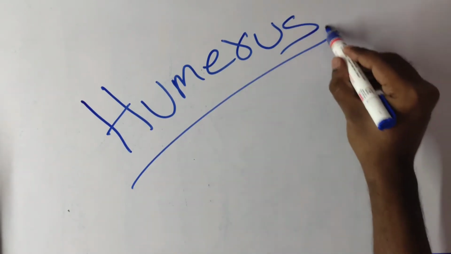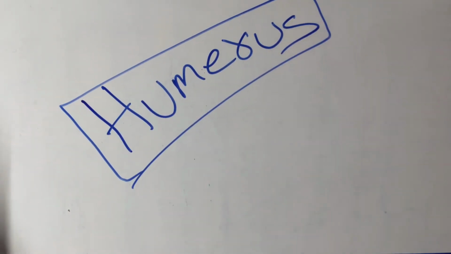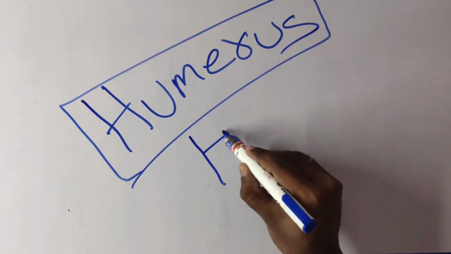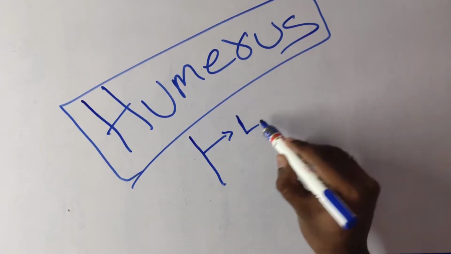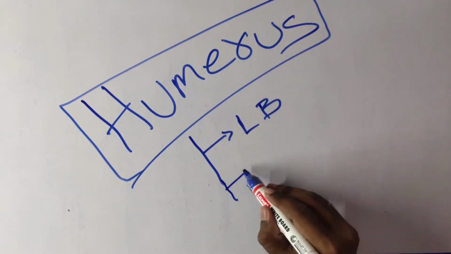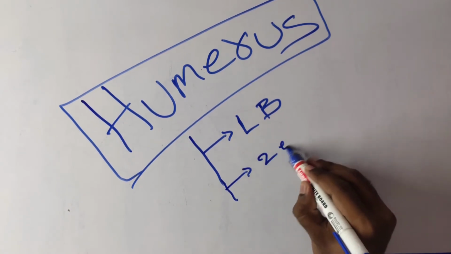We are discussing this humerus, and the first basic point and introduction of humerus is that it is the longest bone of the upper limb, and it has two ends.